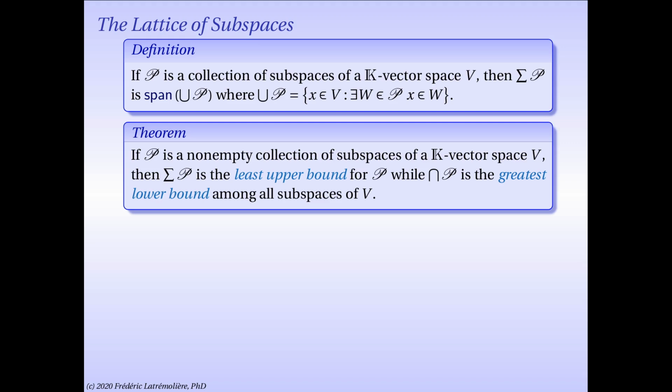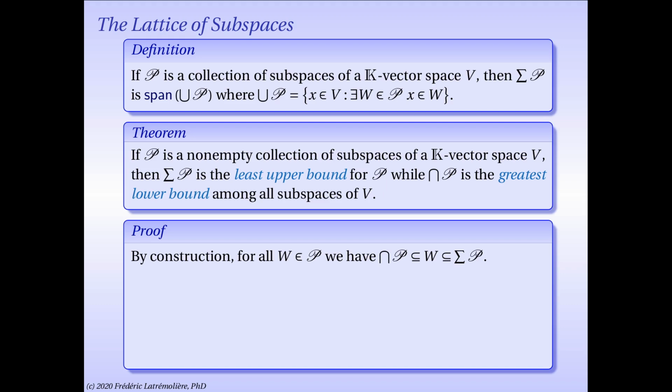Do note that if you looked at P simply as a subset of the power set of V, then the supremum would simply be the union of P, but the union of P may not be a subspace. So when you work in the set of subspaces of V ordered by inclusion, the least upper bound does exist, but it is the sum of P, or in other words, the span of the union. Let's prove this theorem.